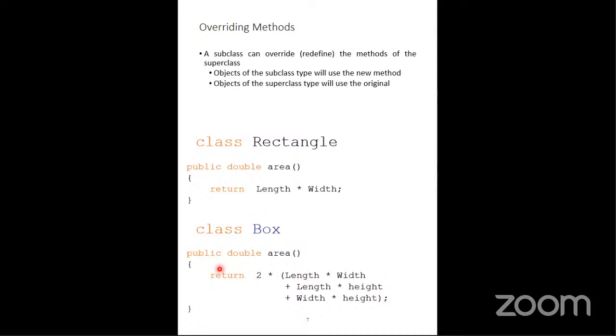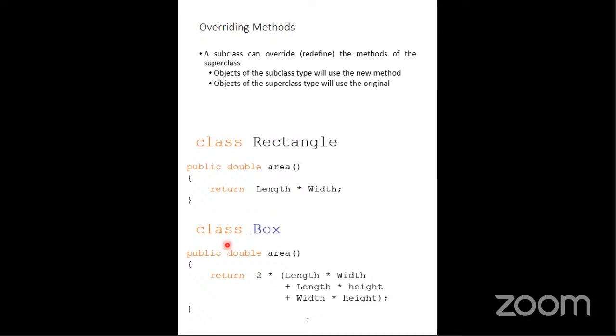Look at the method: public double area. This is also public double area. This area method is in the superclass Rectangle, and this area method is in the subclass Box. This is called method overriding. This is the signature, this is the signature: access specifier, return type, method name, parameters.